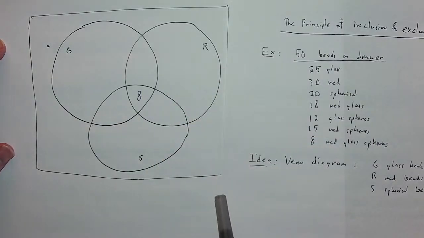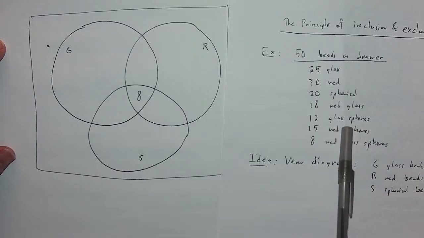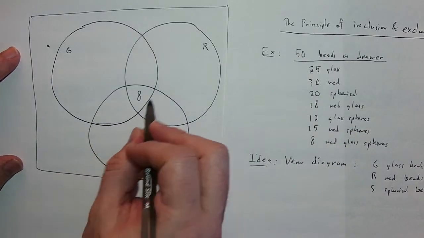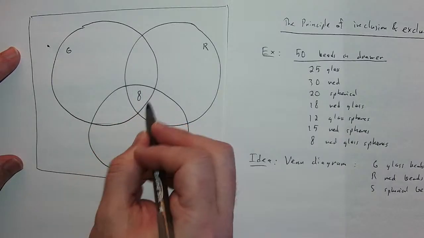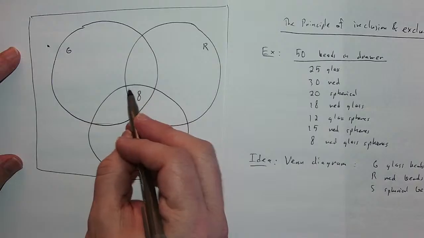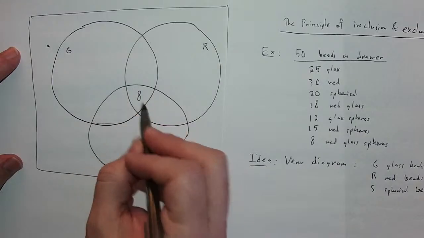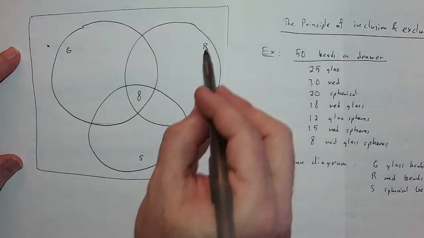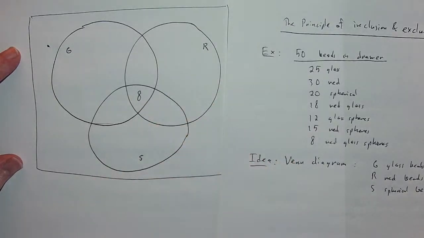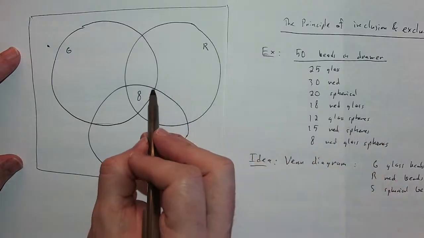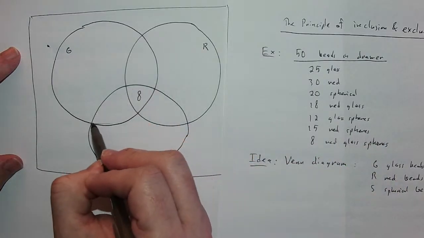I have 12 glass spheres. Glass spheres, though, are everything here. It's not just what's here. Something here would also be a glass sphere, just a red glass sphere. So glass spheres are everything here.